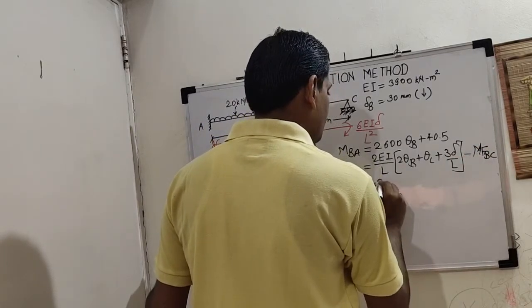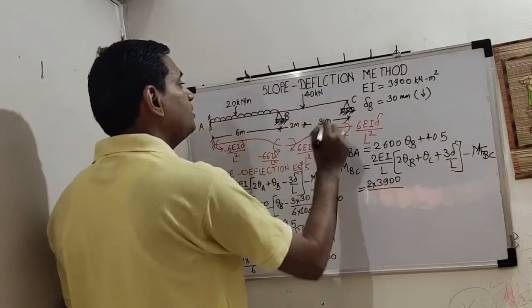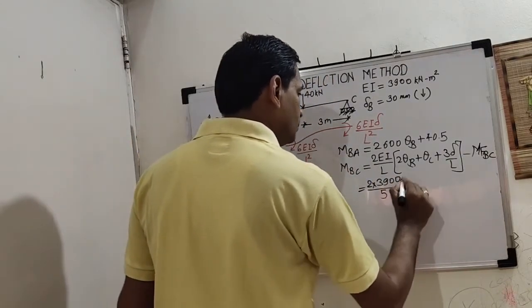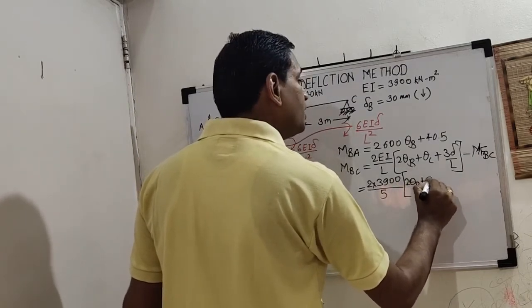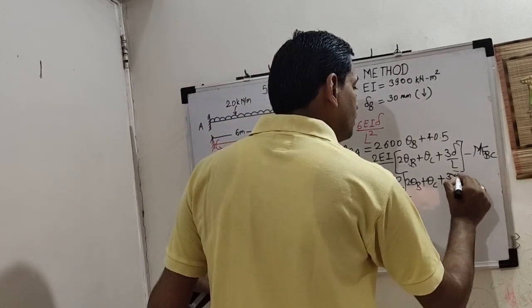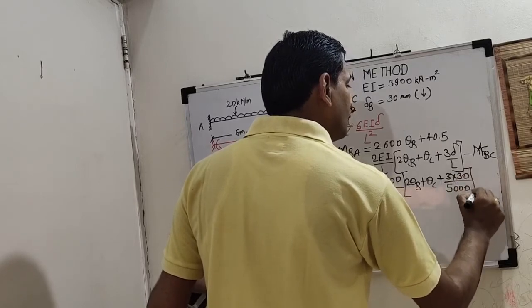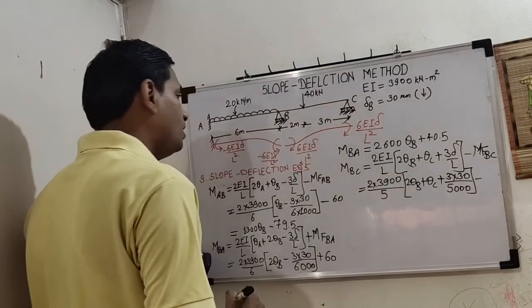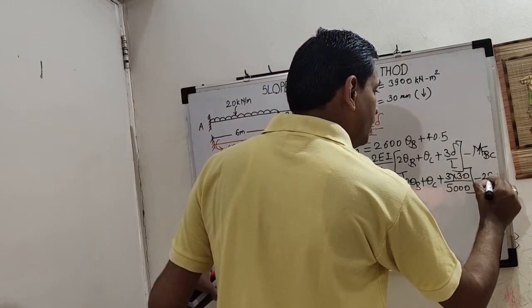So 2 into 3900 upon span for BC is 5 meter, then 2 theta B unknown plus theta C, this is also unknown, plus 3 into 30 upon 5000 minus MFBC. How much was MFBC? I think it was 28.8.